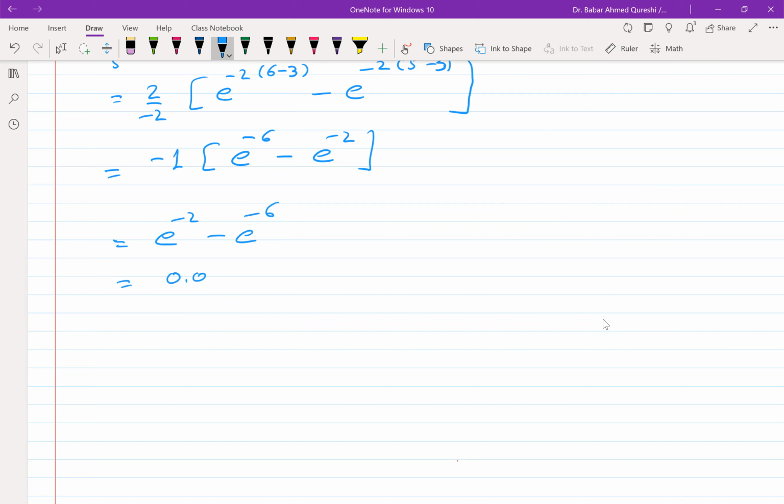This number is 0.018 and this number is extremely small, something like that. So I can almost take it 0.018.